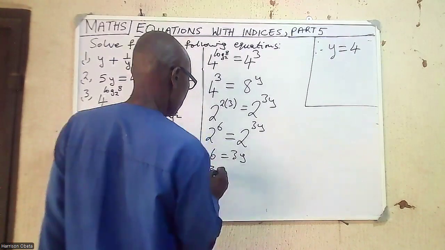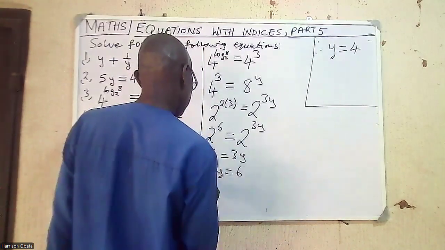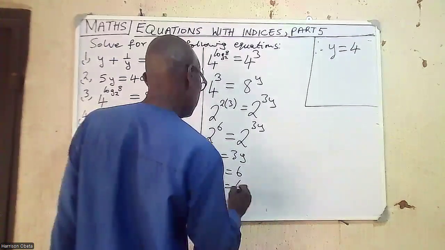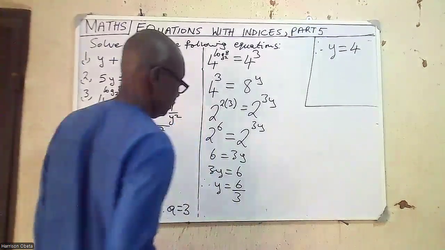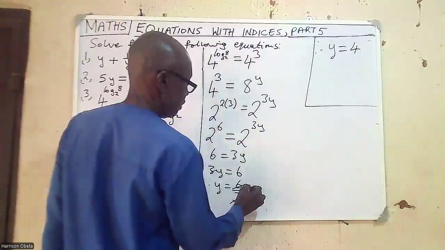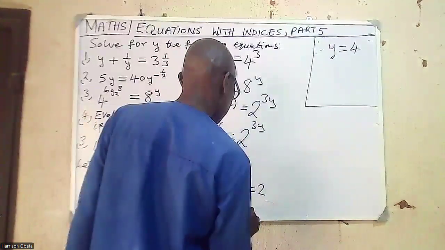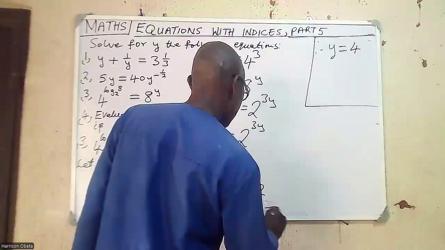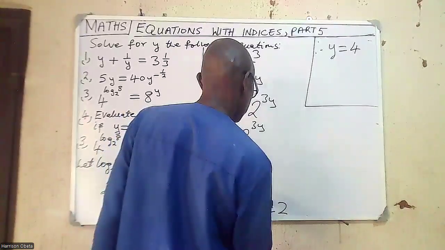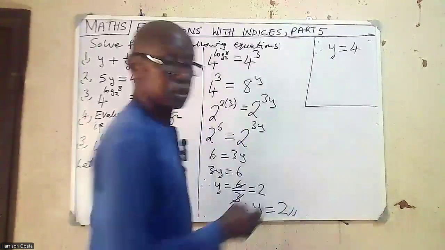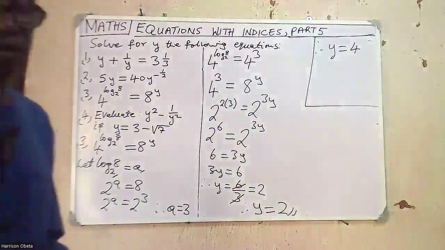That means that if 3y is 6, therefore y is equal to 6 over 3. Then you divide and we have 2. So our final answer is y is equal to 2. That is the answer to that.